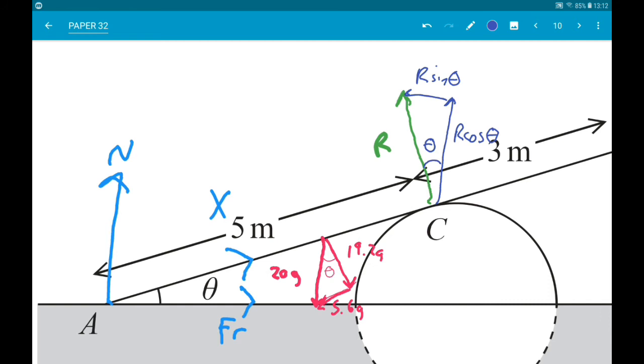So now we can start to fill in the puzzle. So we know the ramp is not moving left or right. So that means that friction is the same as r sine theta.